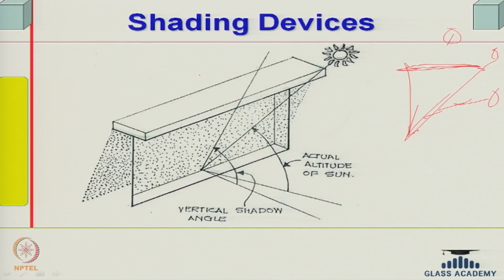For example, on a southern wall, I can completely block it in summer, because the altitude angle of the sun in summer is very high at 12 noon, but in winter it will allow the sun to come in.